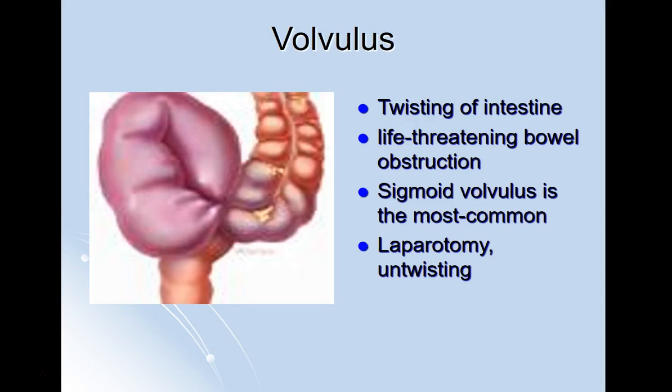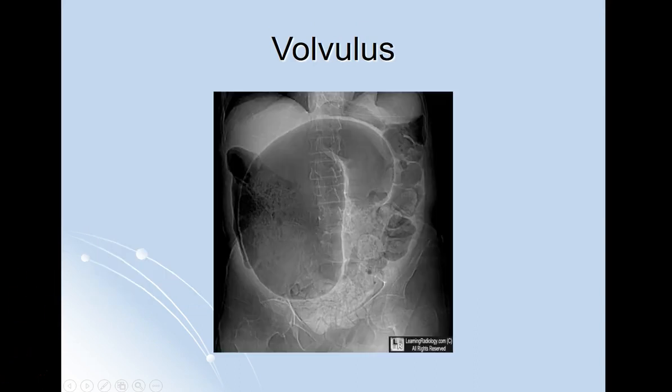A volvulus will produce an air fluid level, and you would see that in an upright abdomen. Most often, you guys, sigmoid volvulus is where we're commonly seeing the twisting. So again, the sigmoid region of the intestine is the most common location.